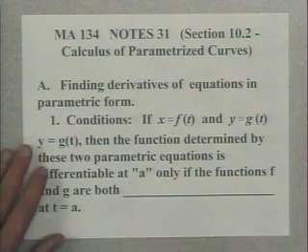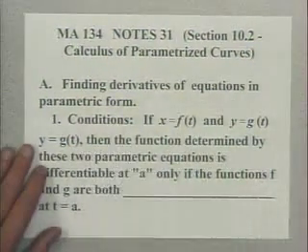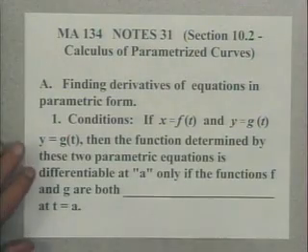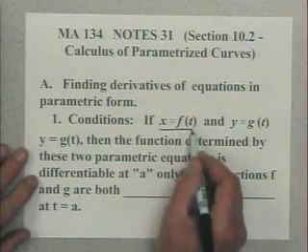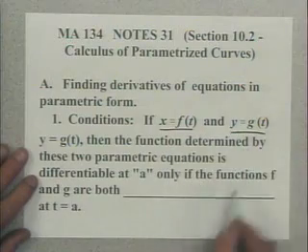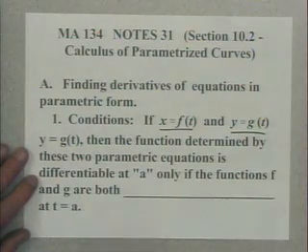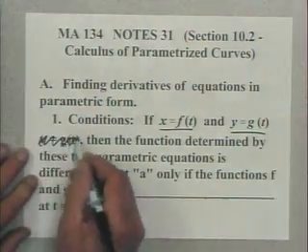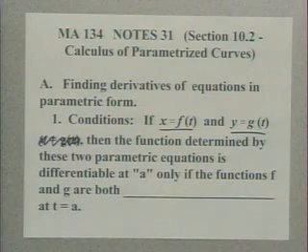Okay, here we go. Finding derivatives of equations that are in parametric form. Here are the conditions. Here's parametric equation number 1. Here's parametric equation number 2. And here's parametric equation extra that you can scratch out. You don't need 2 of the y equal g of t's.